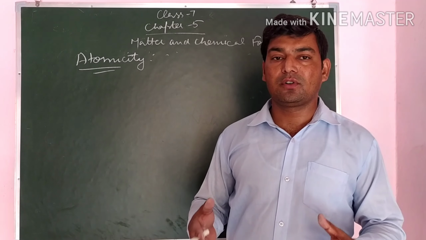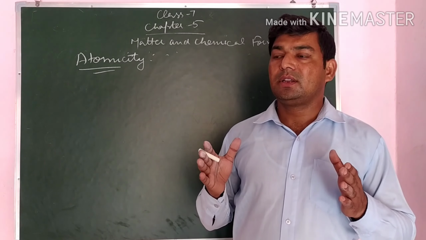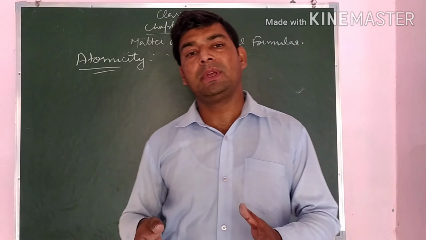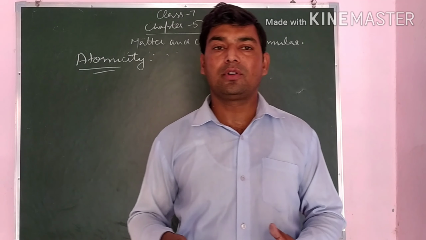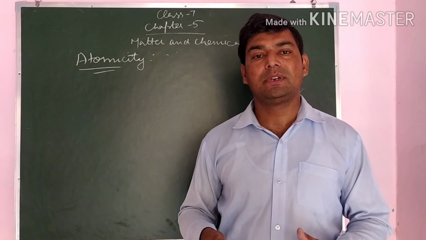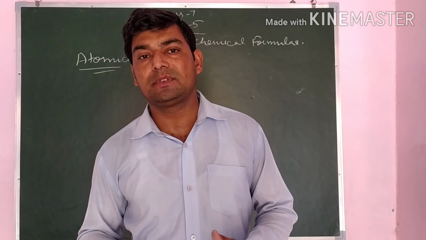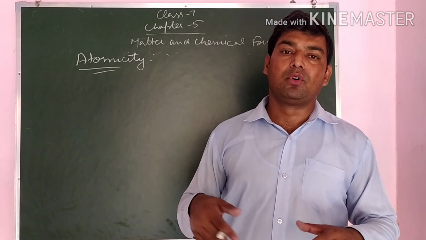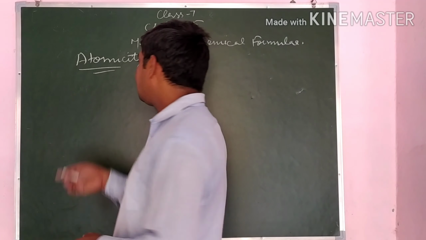So on the basis of atomicity, the molecules may be monatomic, diatomic, or polyatomic. Monatomic molecules have one atom, diatomic molecules have two atoms, and polyatomic molecules have more than two atoms.